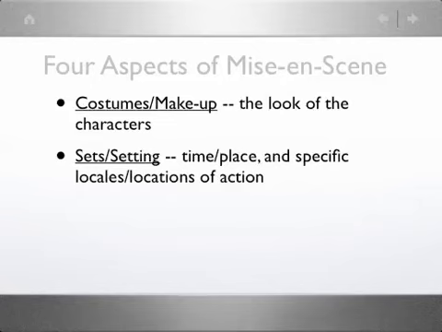So, a movie may have a set that is a particular place, a particular location, maybe a person's house, maybe a particular work setting if the movie is concerned with that sort of activity. So, whatever the variety of sets and settings are in which the film takes place.